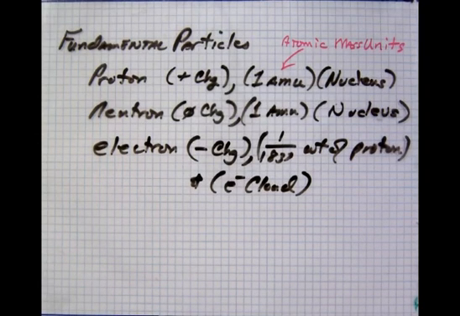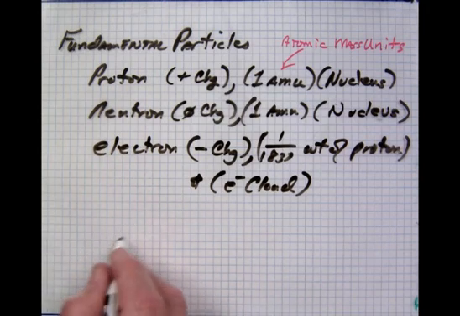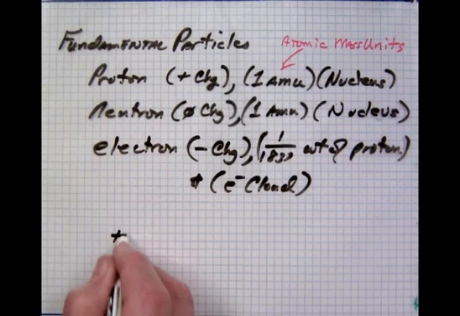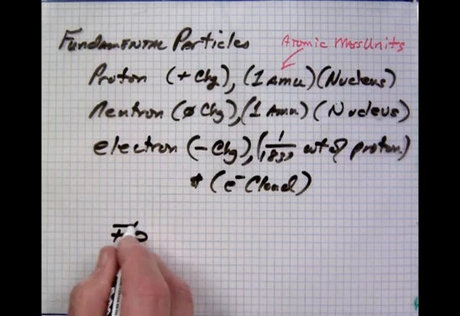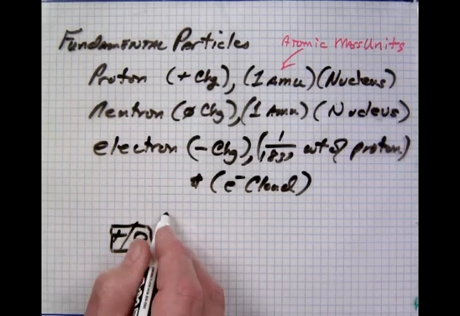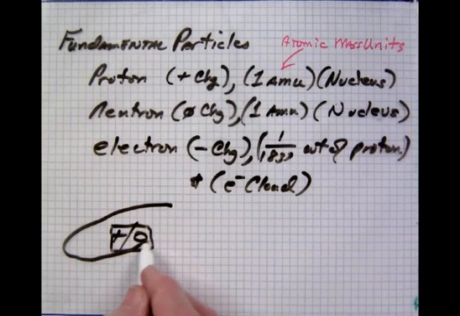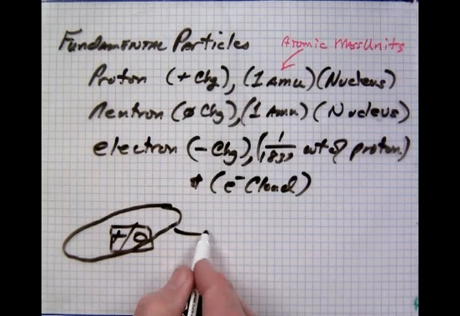So in building our atom, we want to build it from neutrons, protons, and electrons. Protons and neutrons make up what we call the nucleus, and somewhere around that are the electrons.